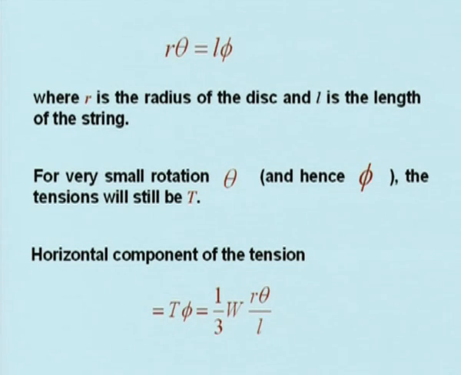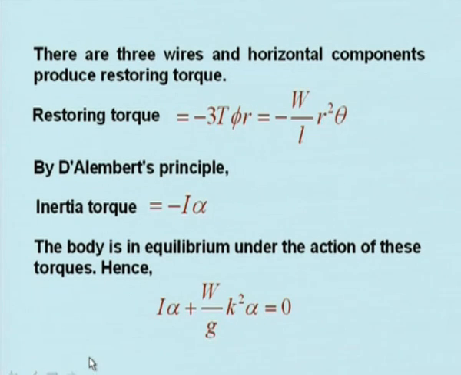Then the horizontal component of the tension is equal to T phi. Actually it is T sin phi, but sin phi becomes equal to phi. So that is equal to 1 by 3 W r theta by L. There are 3 wires and the horizontal components produce a restoring torque.